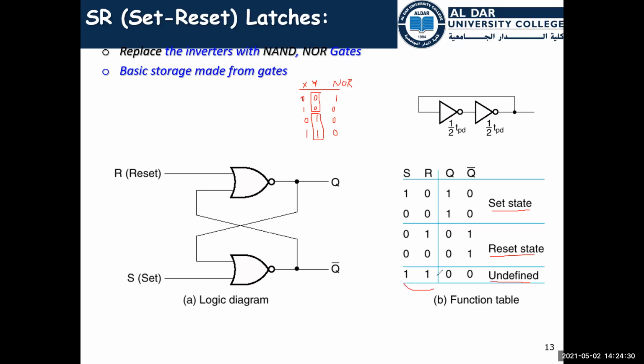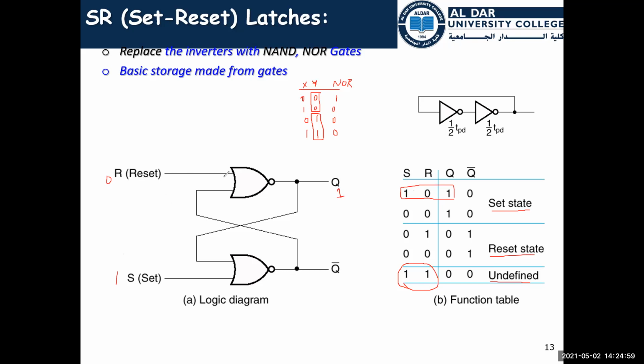Okay? So for example, here we have the set state, the reset state, and the undefined state. We'll see how to get rid of the undefined state with a different type of circuit. Let's take this example of the SR latch. We have R at 0, S at 1, and Q, which is the previous state, at 1.